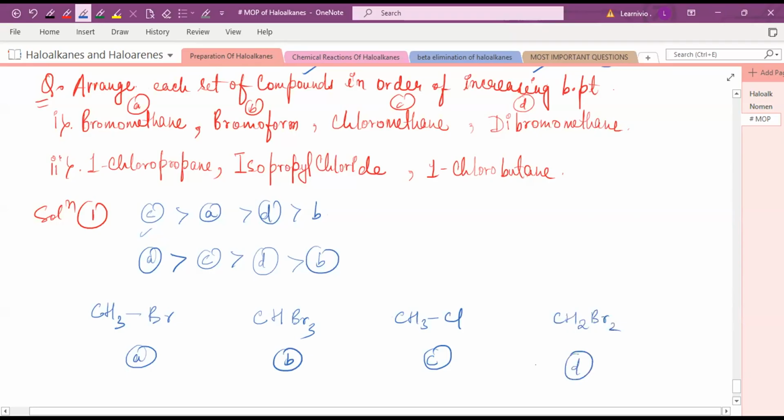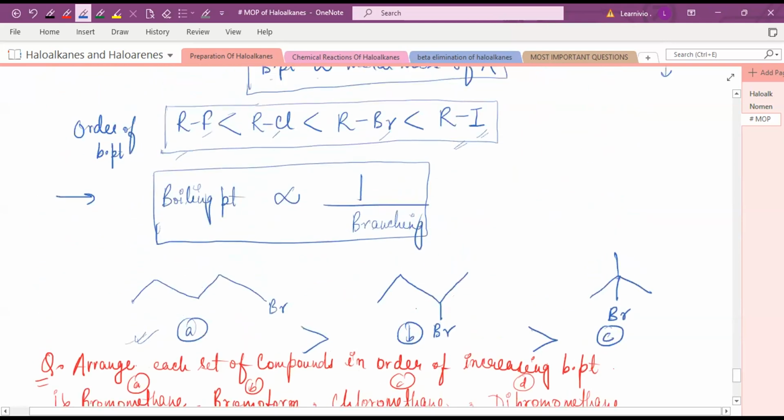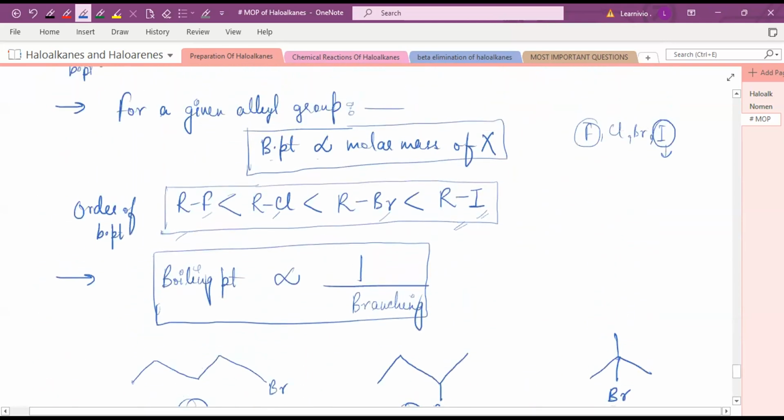Now see, in these, you can see there are halogen groups. In three compounds there is a bromine group, and in one there is a chlorine group. Now which has the larger molar mass, chlorine or bromine?